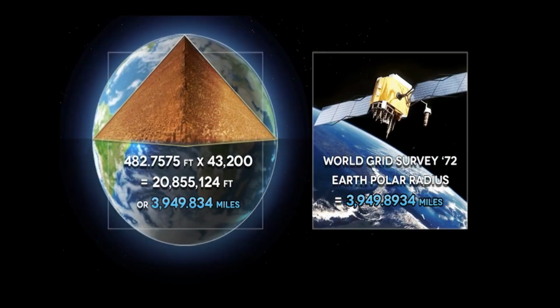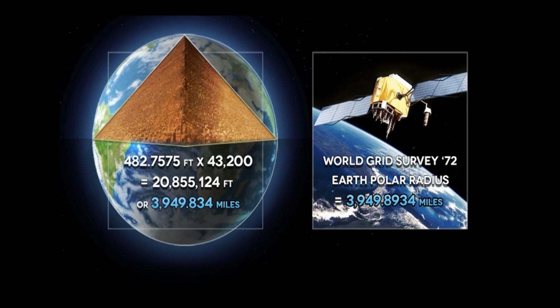We take the 482.755 feet, which is the height, and what we discover is that if we multiply that by the number 43,200, which is one of our sacred numbers that we've seen right there, 43,200, it shows up in the Vedas and the Sumerian king lists, etc. If we multiply the height of the pyramid by that number, this is what we come out with, 3,949.83 miles.